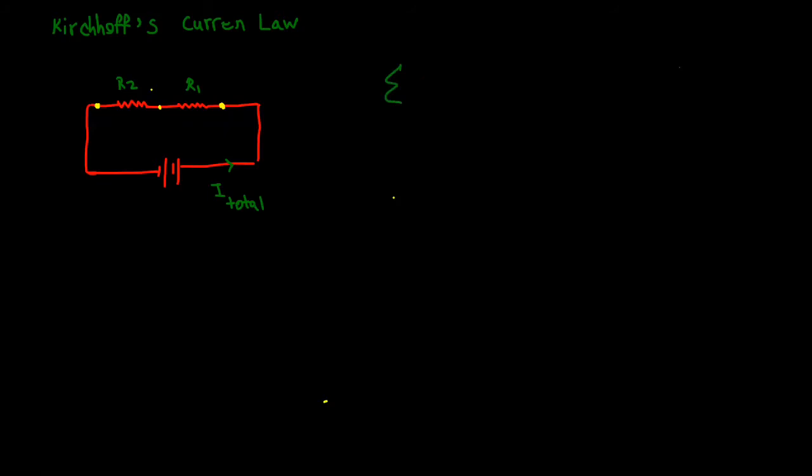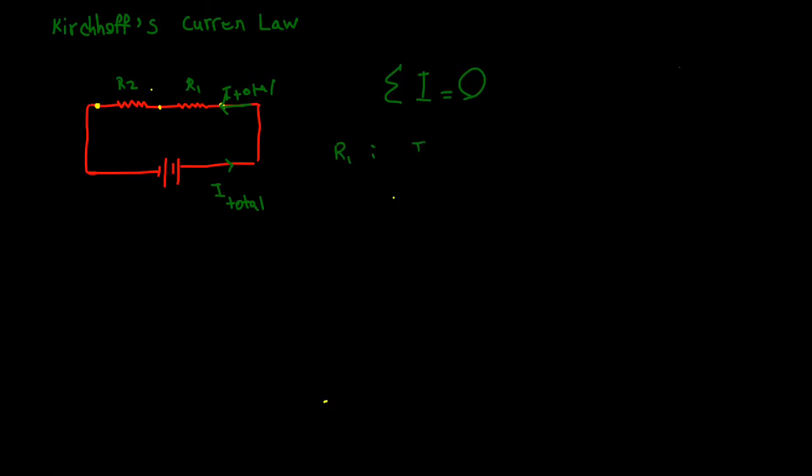So sigma I equals 0 is Kirchhoff's current law. Let's look at our example, that is a series circuit with resistors 1 and 2. This is our I total. So I name it here I total going in resistor number 1, and thus I write it for resistor number 1, I total going in.